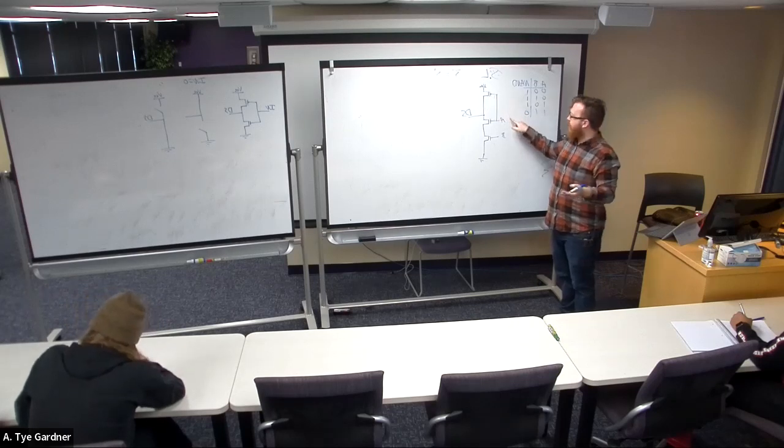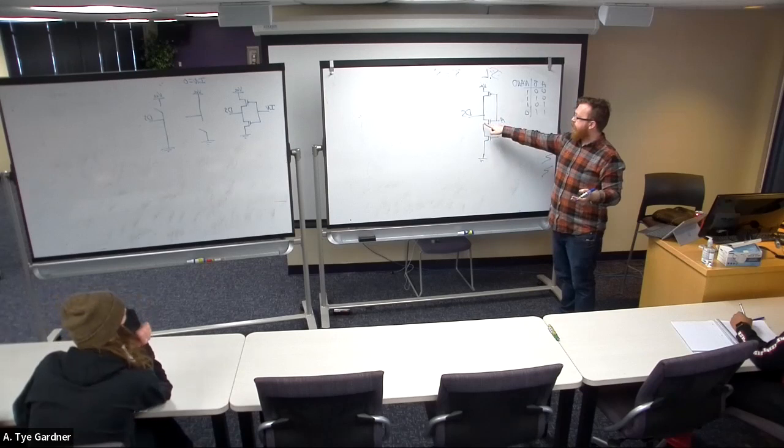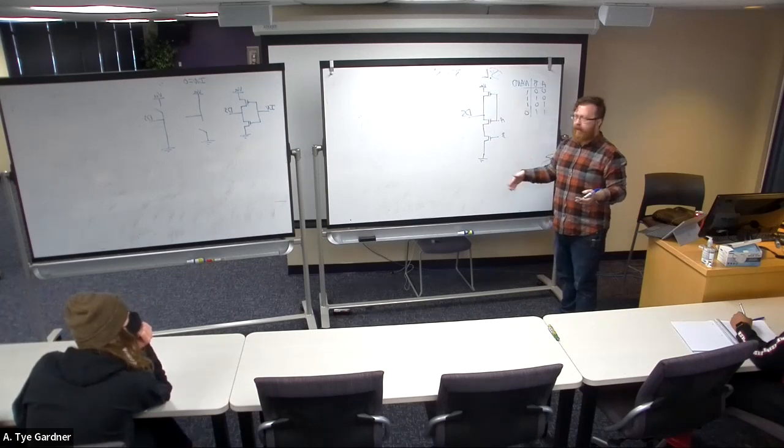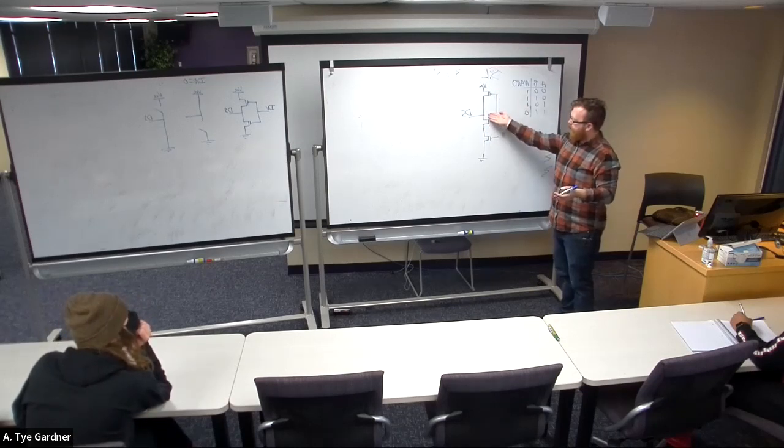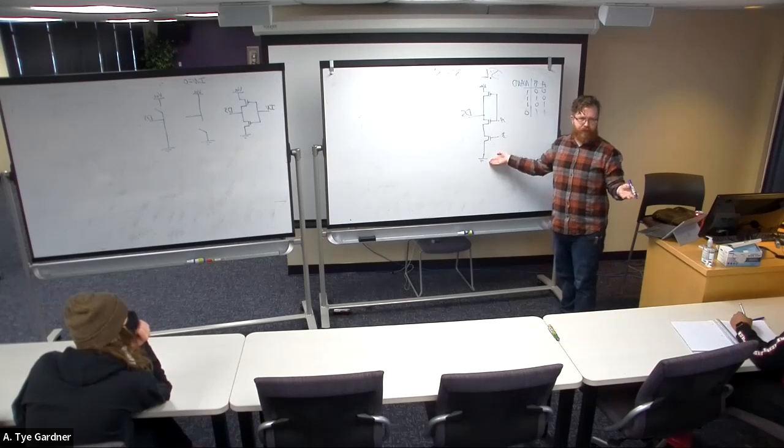If A is 1, it's open, it's off. So now if A is 0, digital signal is 1 because I have broken the connection from digital signal to ground, so it can't be 0, and I have made the connection to VCC.